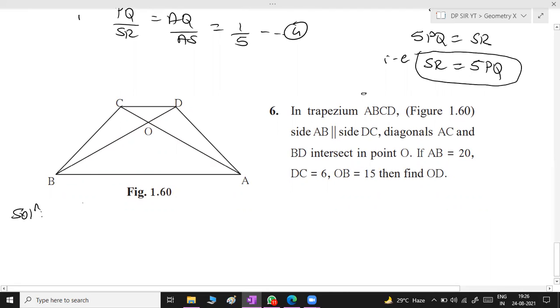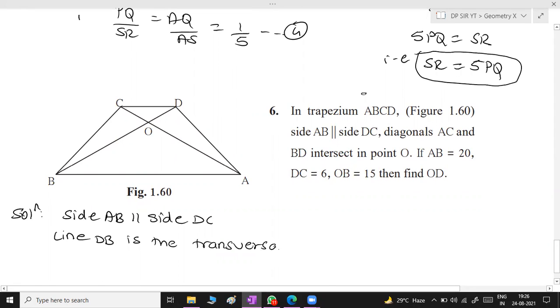I would say always start with the given. Side AB is parallel to side BC. Okay. Line DB is the transversal. Angle CDB will be congruent to angle ABD.